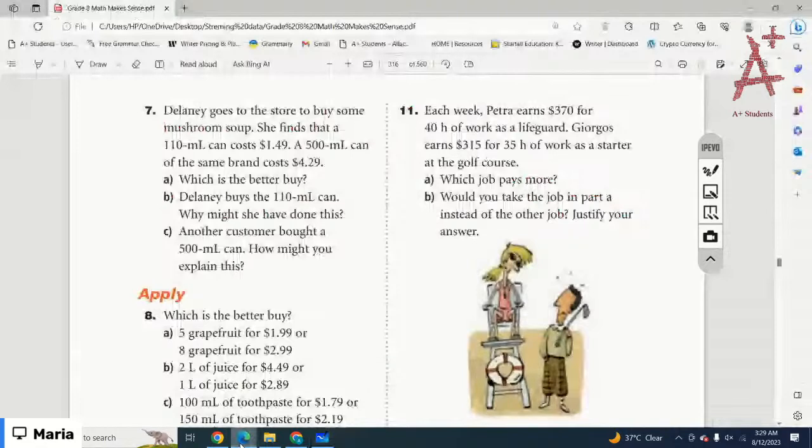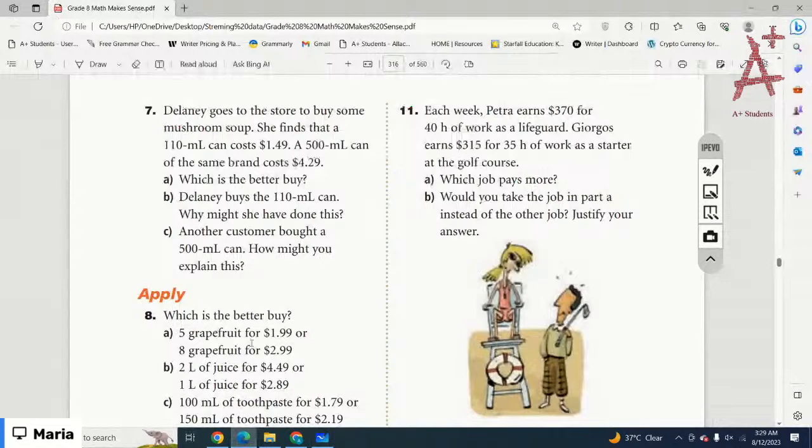Maybe she doesn't have enough money to buy the 500 ml can, right? Okay, another customer bought the 500 ml can. How might you explain this? Maybe he has much money, or the 500 ml can is a bigger can. He has more family members, right?